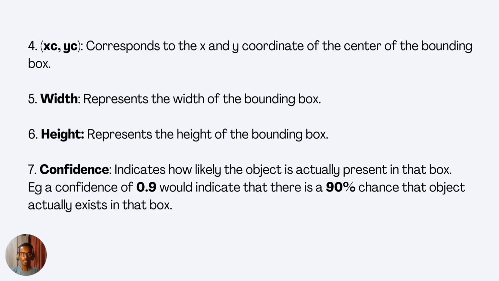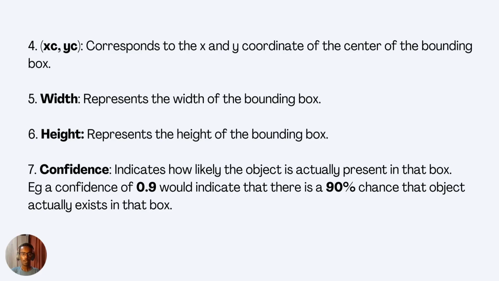And according to the second convention, we can represent the position by using the center points, xc and yc, which correspond to the x and y coordinates of the center of the bounding box. W represents the width of the bounding box, and h is just the height of the bounding box.